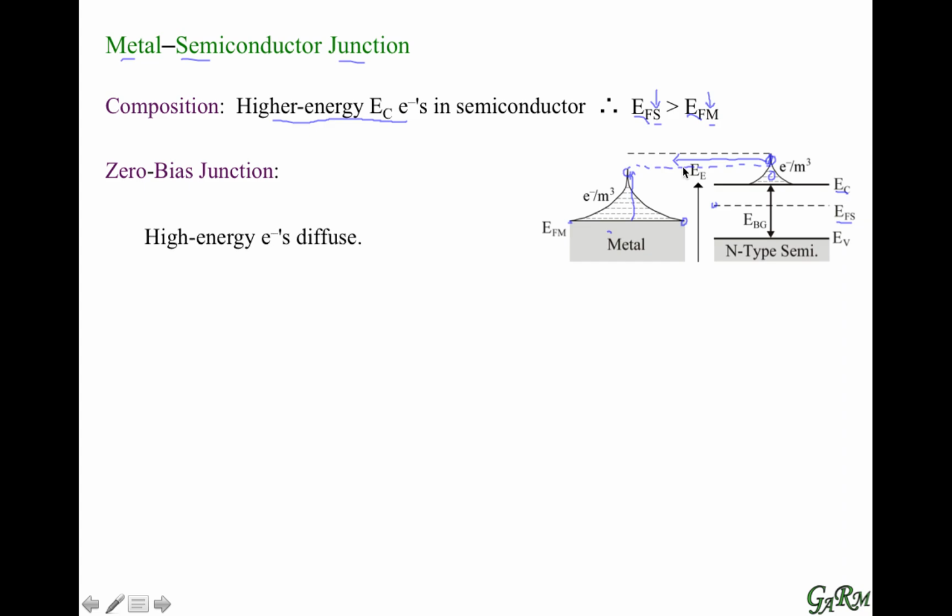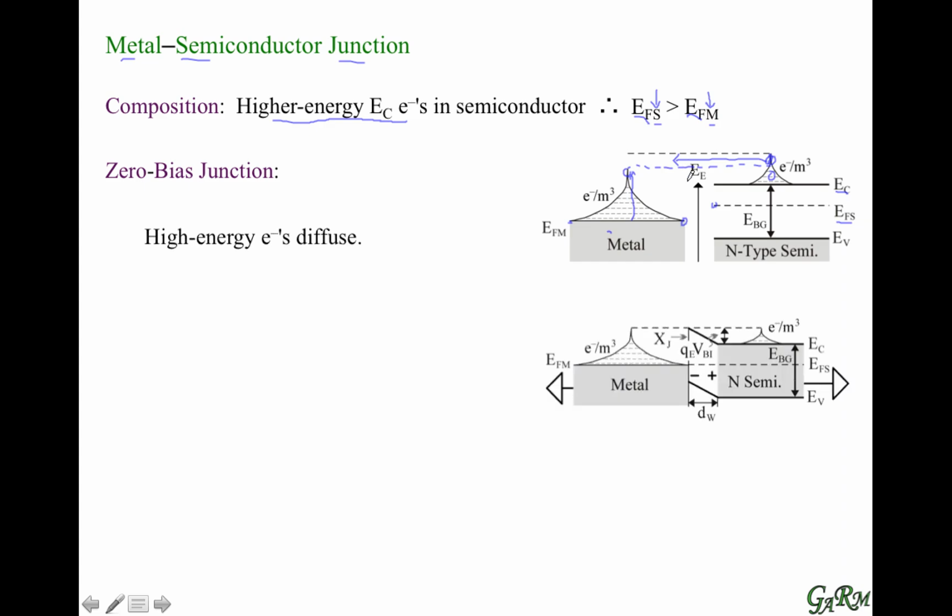As they diffuse into the metal, and now we look here at the band diagram when they're connected, as electrons go on to the metal, they leave behind a region that is depleted of charge. So this is the depletion region that we have here. That's because as electrons diffuse away, they leave vacant spots.